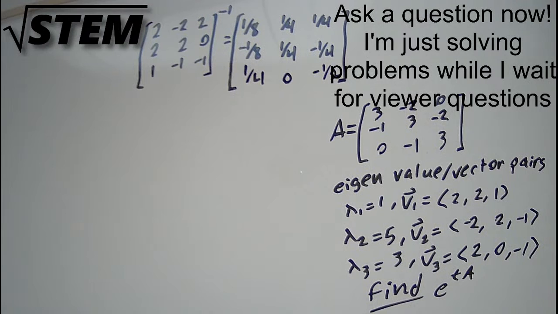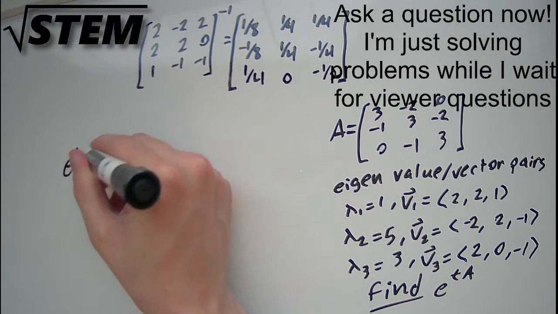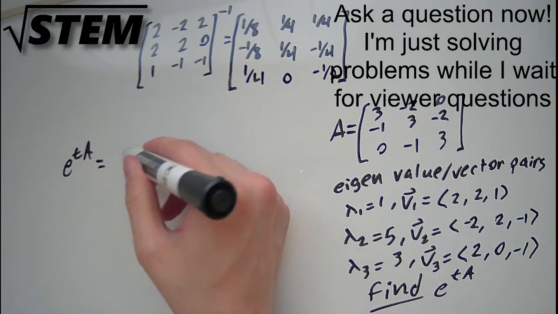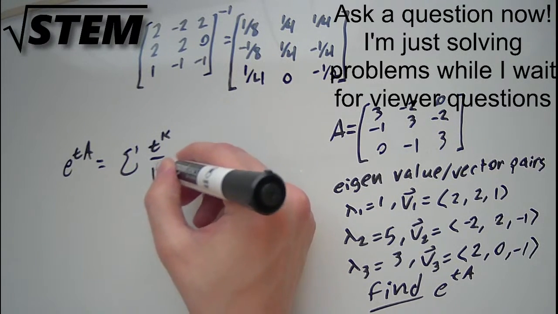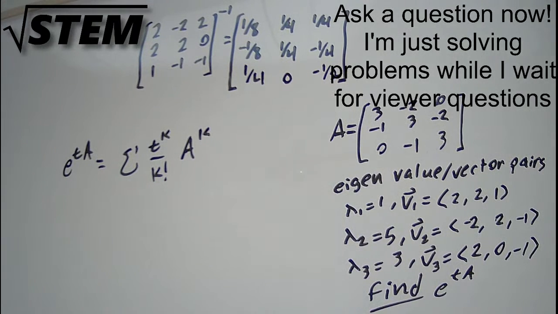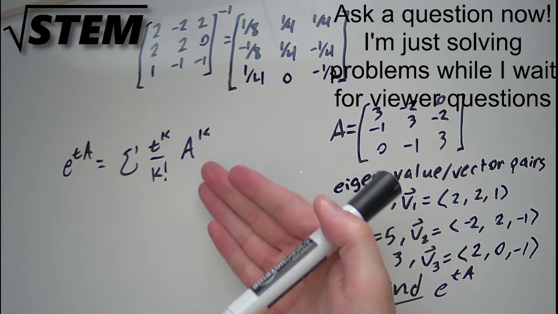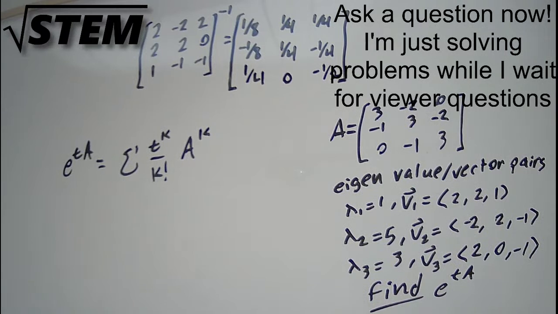We could use our series definition, e to the tA being equal to the sum of t to the k over k factorial A to the k. And certainly if we were entering this in a computer system, we could just brute force compute that up to however many terms we want.